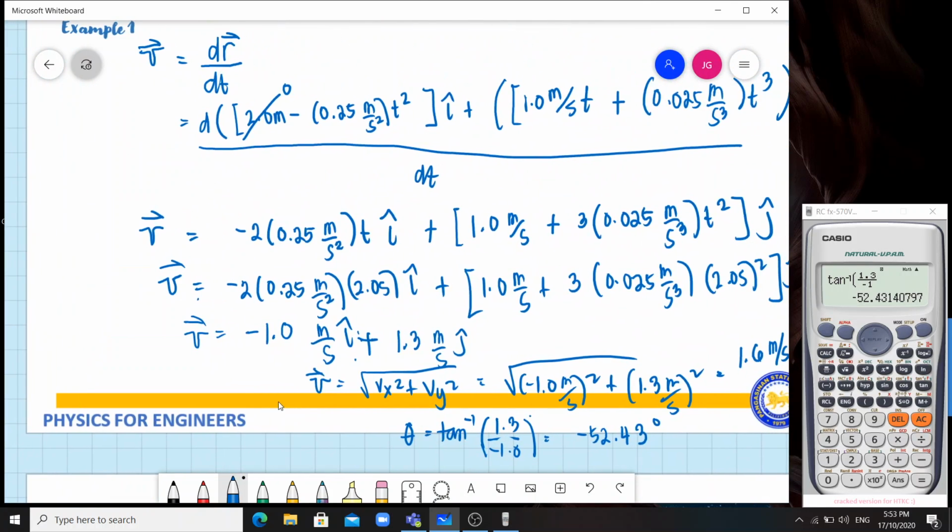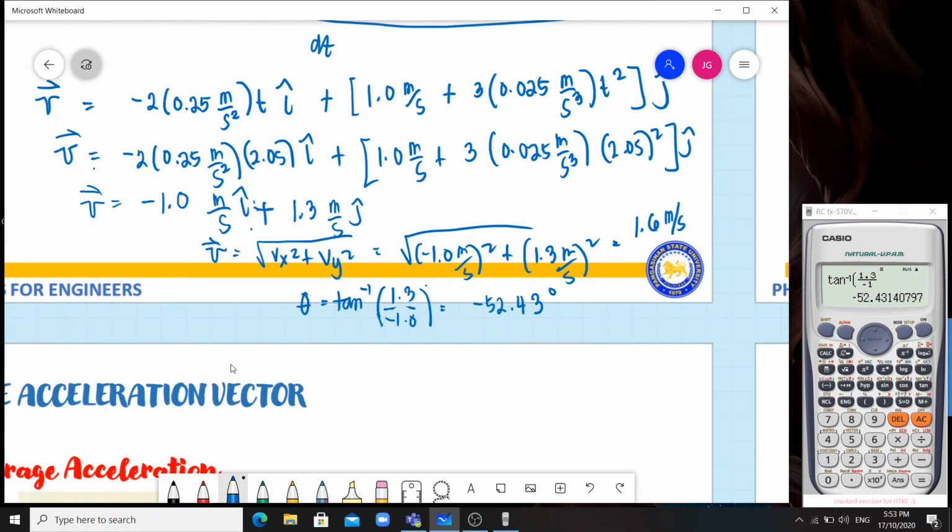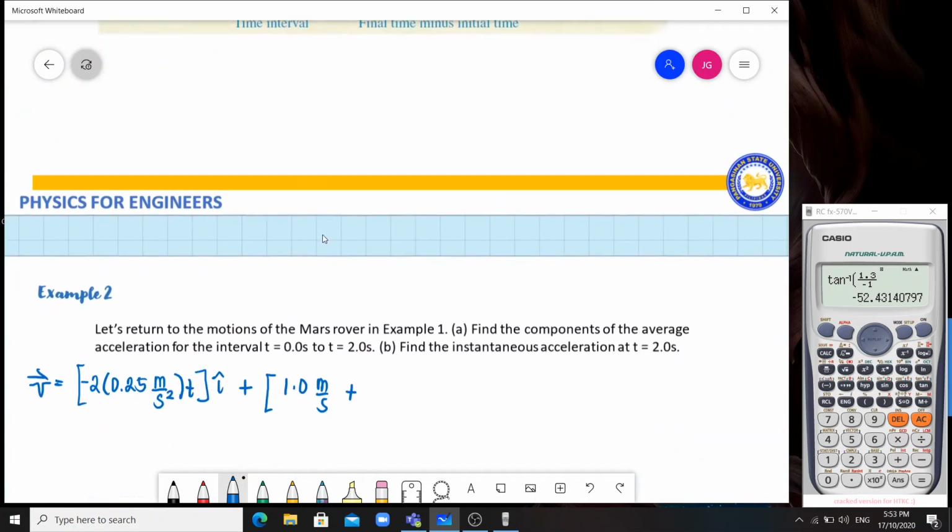Let's check t 1.0, okay. Ayan, this is j.